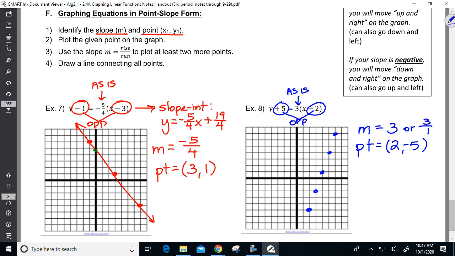So you can go up and to the right, or go down and to the left. Questions, examples 7 or 8?